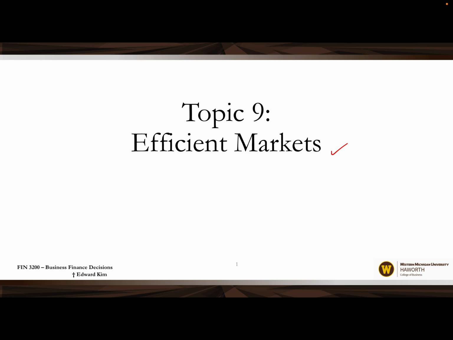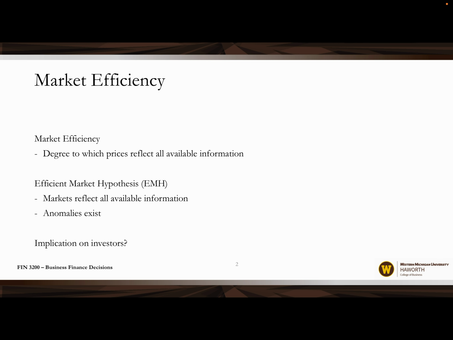I talked about this briefly in the previous videos, but market efficiency refers to the degree to which prices reflect all available information. So let's say we have a stock.